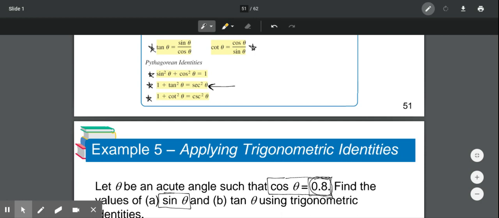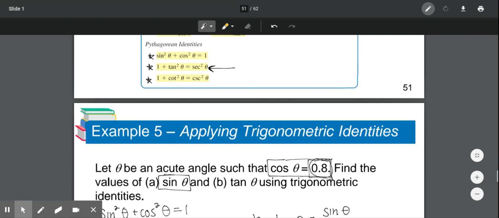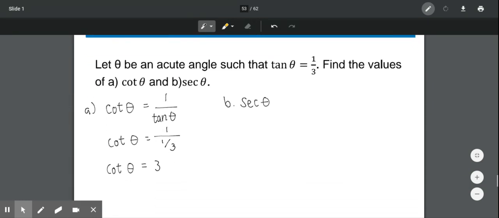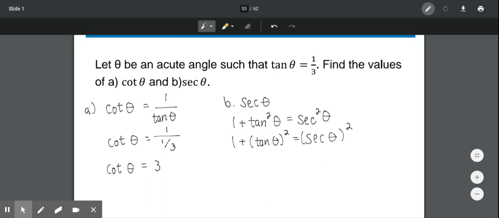We have information about tangent that we could substitute in. So let's use 1 plus tangent squared equals secant squared. And again, if it makes more sense, rewrite this as 1 plus the tangent of theta squared equals the secant of theta squared.